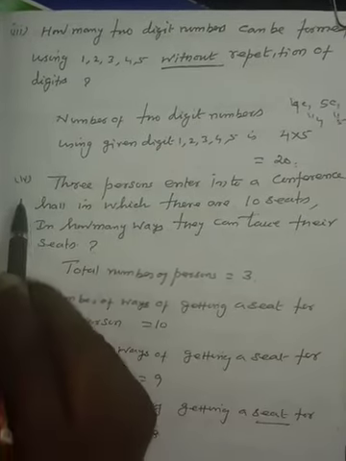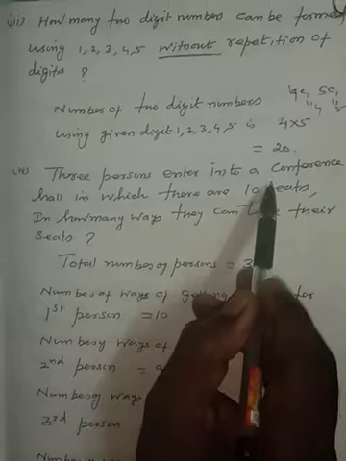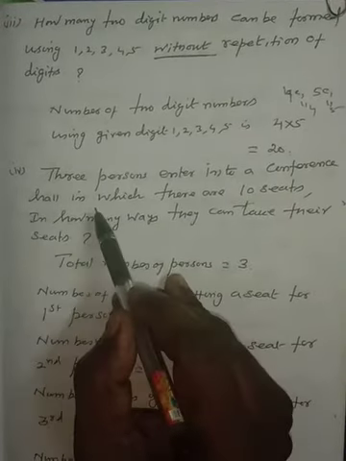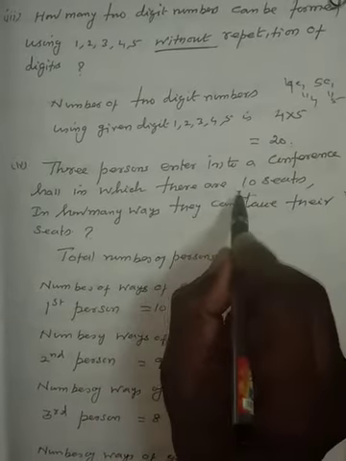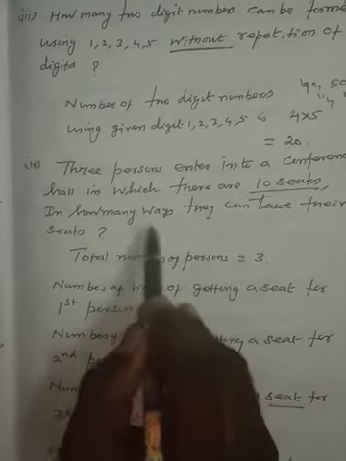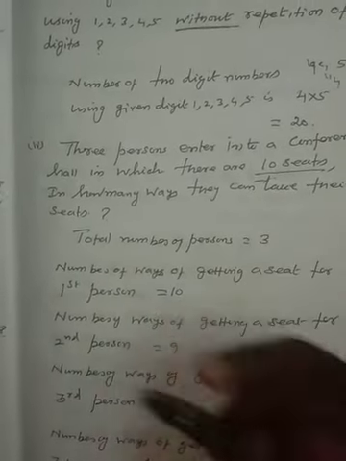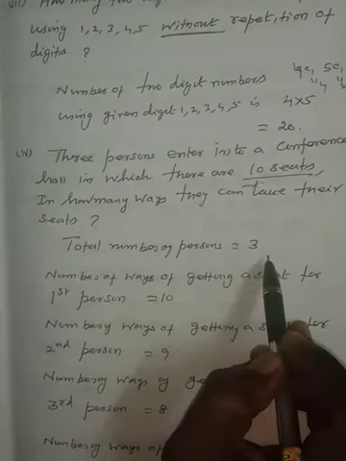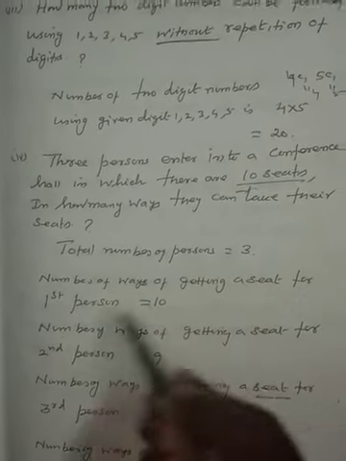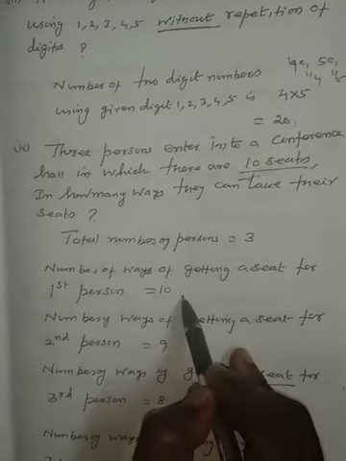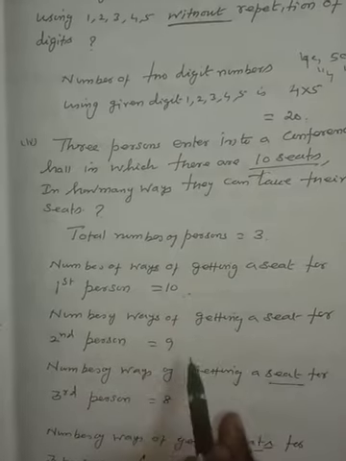Next, question number 4. 3 persons enter a conference hall in which there are 10 seats. In how many ways can they take their seats? The total number of persons is 3.